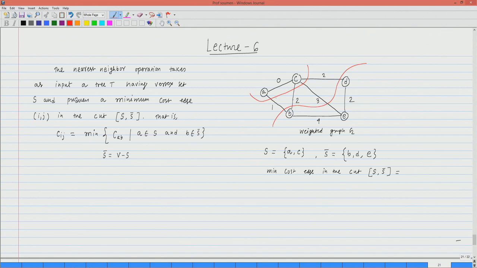So, the minimum cost edge connecting in this cut S, S complement is basically AB.